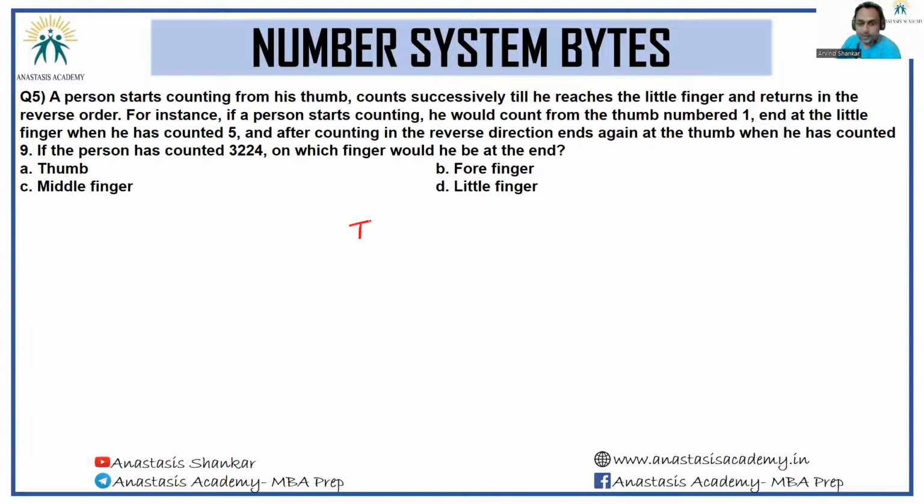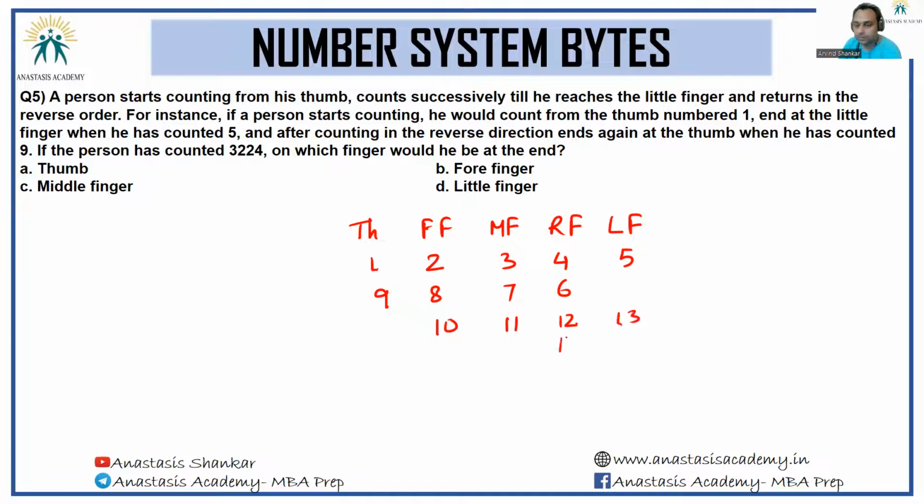So look at it. Thumb, forefinger, middle finger, ring finger, and little finger. The counting is happening 1, 2, 3, 4, 5, 6, 7, 8, 9, 10, 11, 12, 13, 14, 15, 16, 17, and so on.